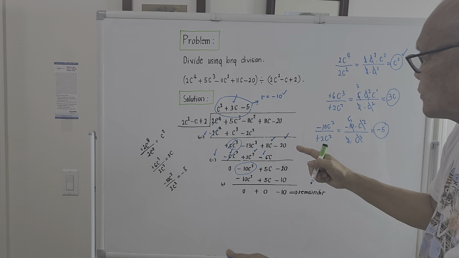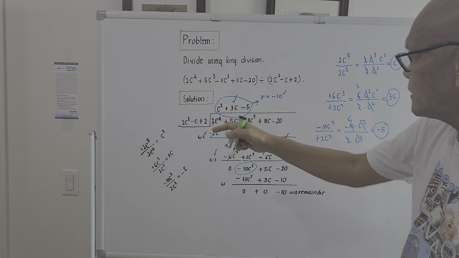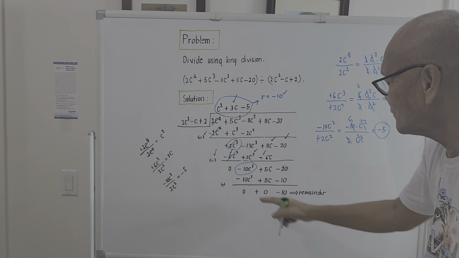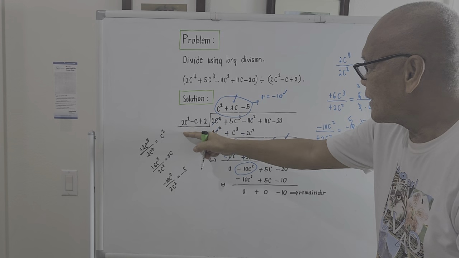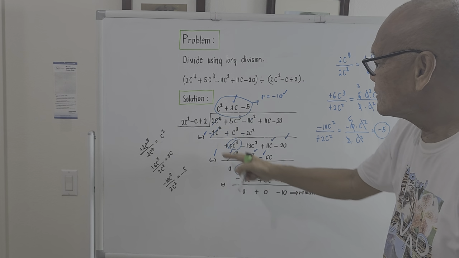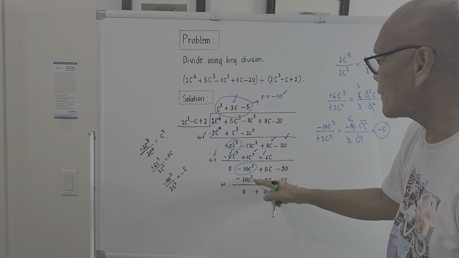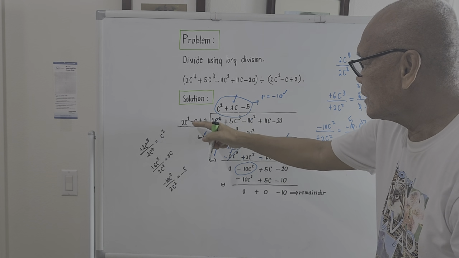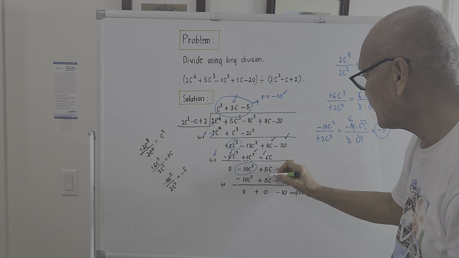We now try to perform the multiplication of the divisor. Negative 5 times 2c squared will be negative 10c squared. This is a plus and a minus. The coefficient will be negative 10, times c squared. A negative 5 times a negative c, they are both minus, so this will be plus 5c.